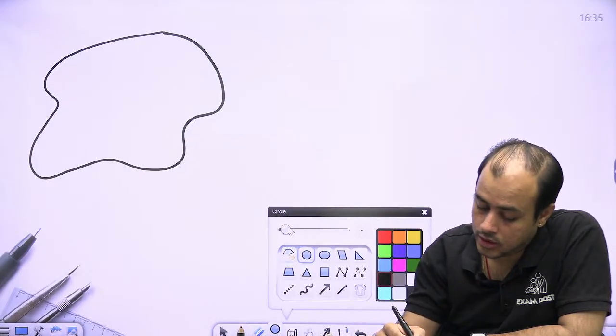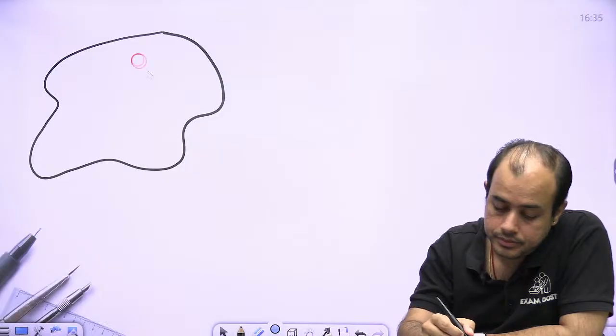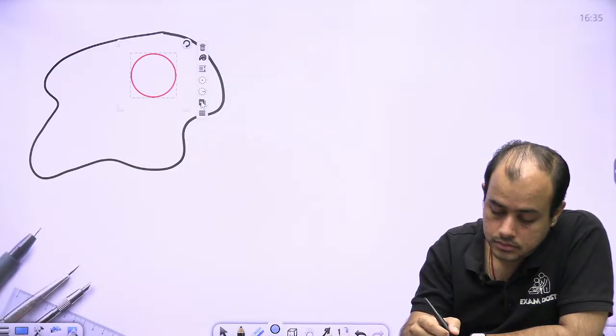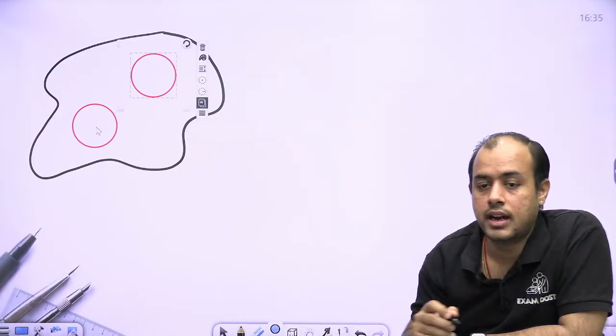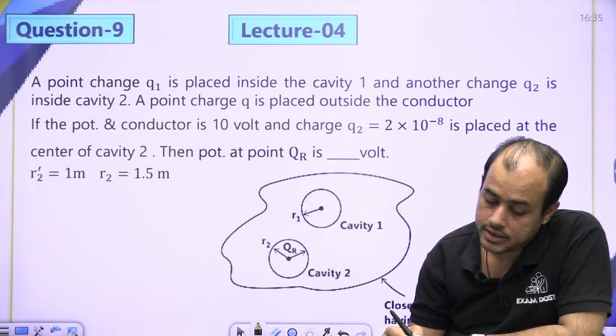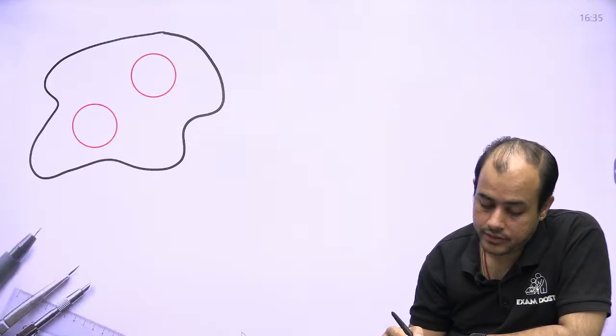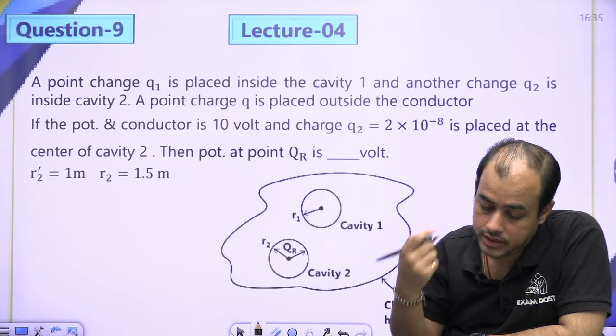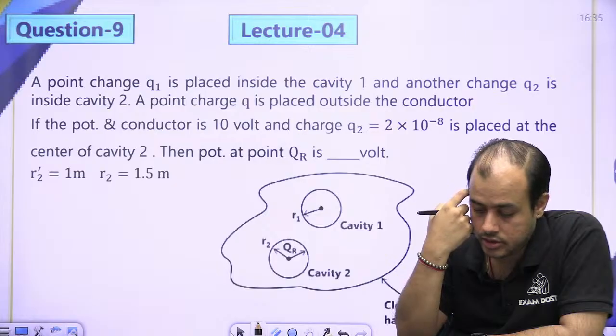This is a conductor of arbitrary shape. Now, there are two cavities. A point charge Q1 is placed inside cavity 1. The radius of cavity 1, R1, is not mentioned.